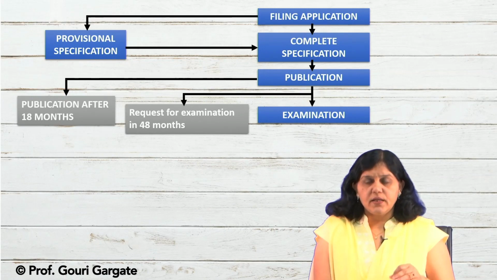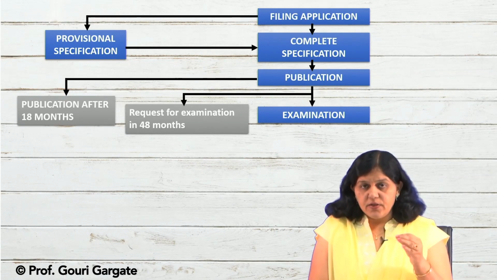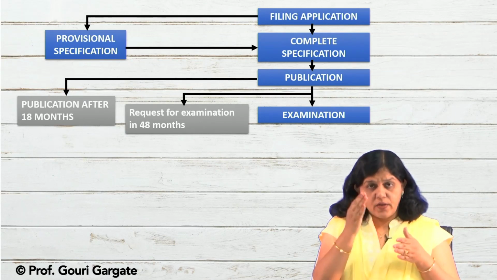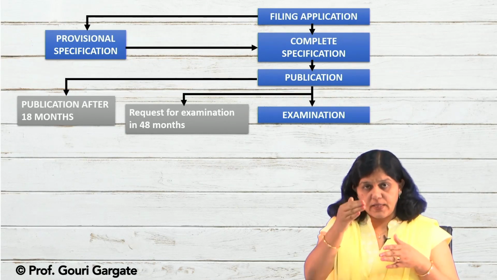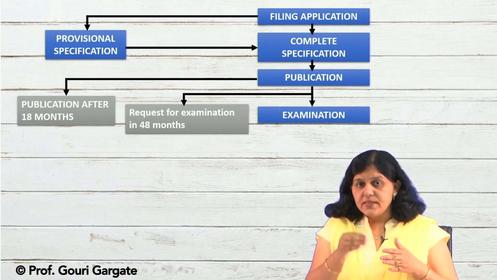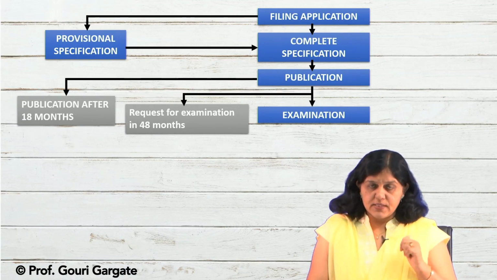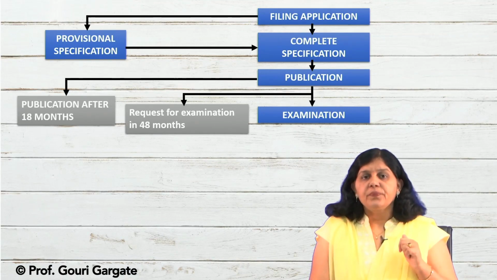So, the first thing the examiner will do is check if your patent falls under any of those listed things. If it does, obviously that invention will not be considered for grant. So, that is the Section 3 check.